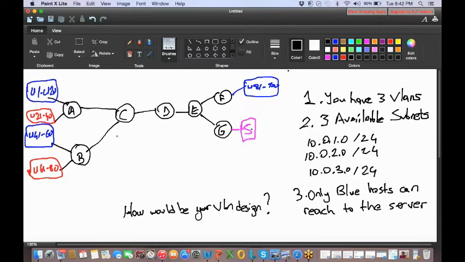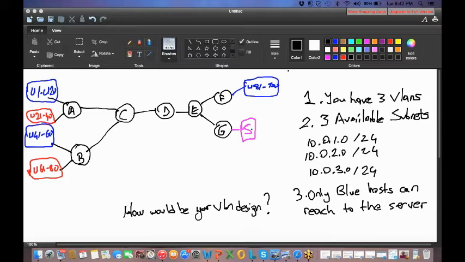How would you put those users into those three VLANs? Your design goal is just to make the server accessible to all blue users, not the red ones. Think about it. How would you do that?